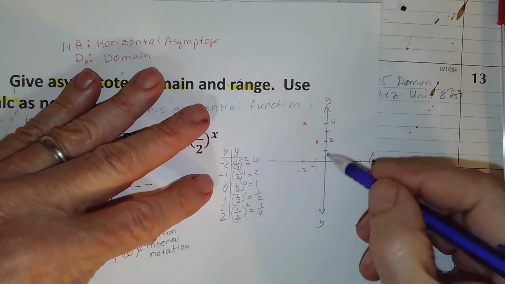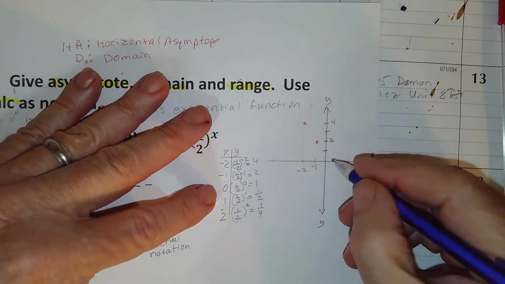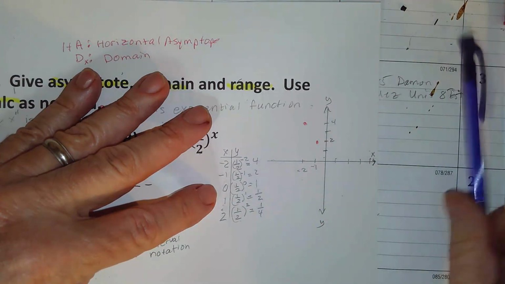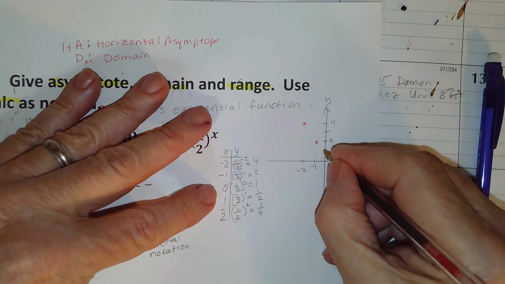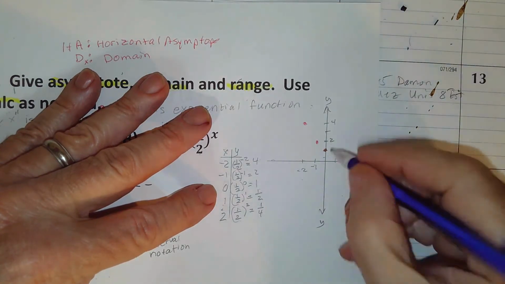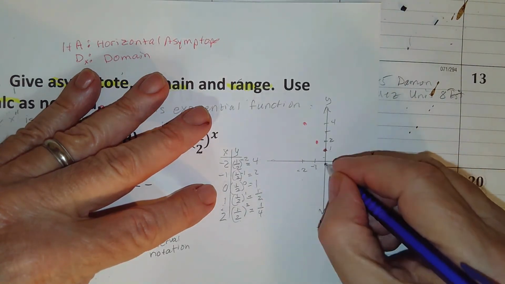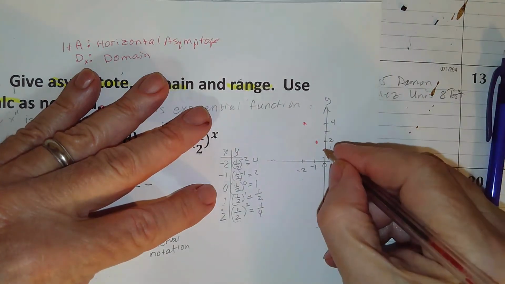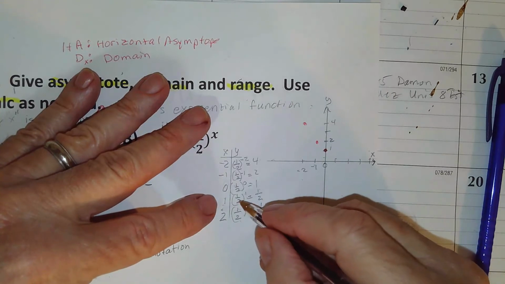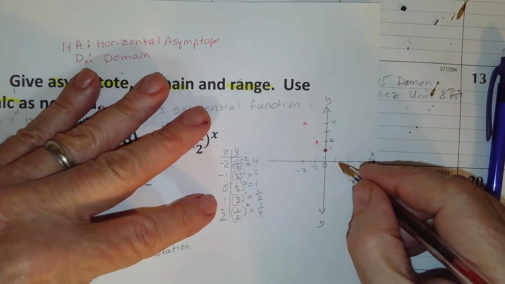Okay, so -2, -1, 0. So X is 0, Y is 1. So that's right here. And X is 1, Y is -1/2.